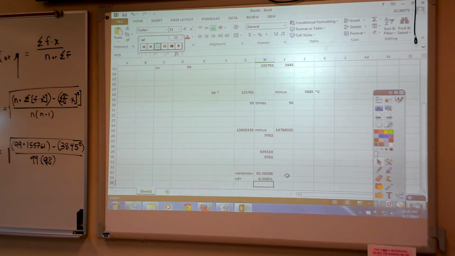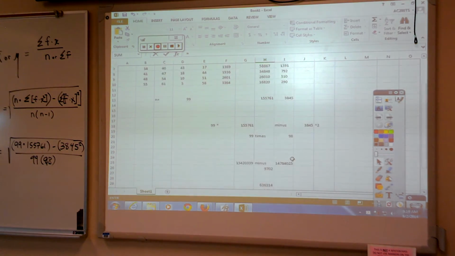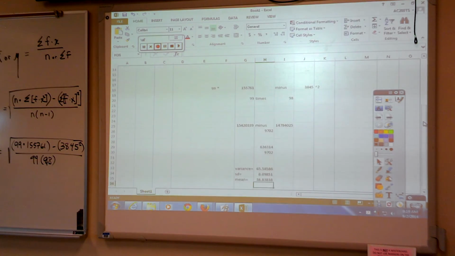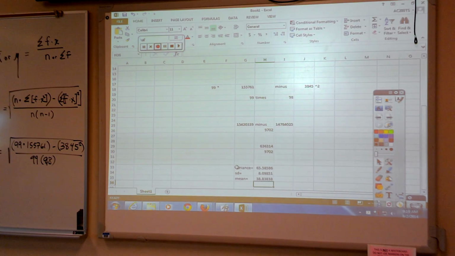But it's useless because we don't have the mean. So what is the mean? The summation of f times x. Where is the summation of f times x? Right here, Hubert. Thank you, class. Divided by what? n. And there's your mean.